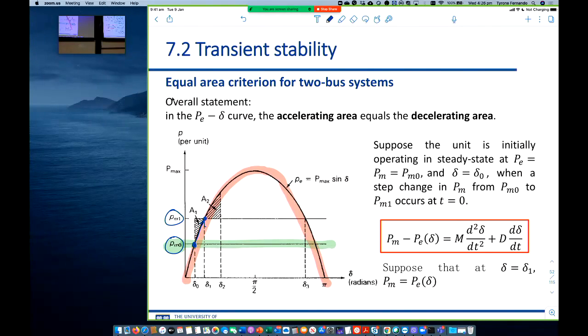Well, if you are at the first blue dotted line, the one on the left, the mechanical power has gone from PM0 to PM1. So mechanical power has gone up, but your electrical power is still low, below the mechanical power. So PM minus PE is a positive number. That means the left hand side of this differential equation is a positive number.